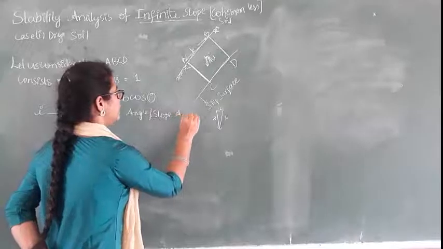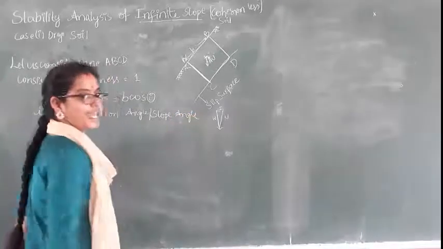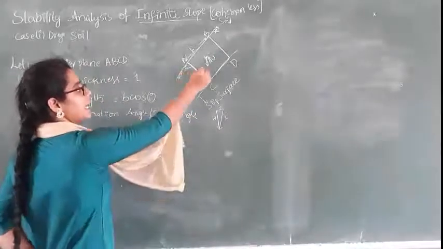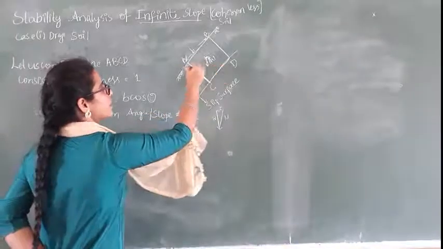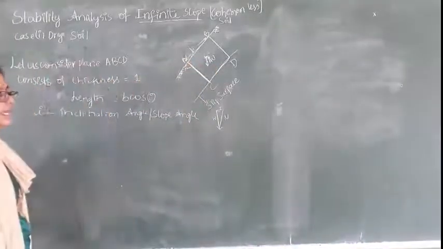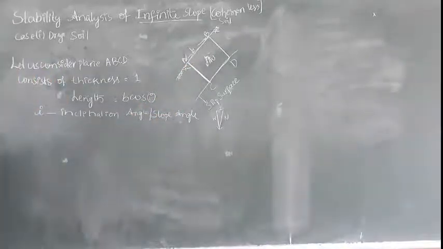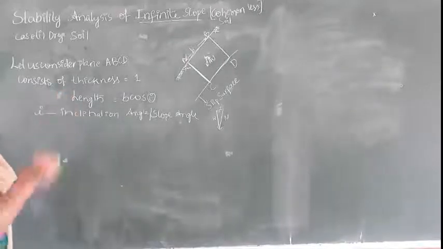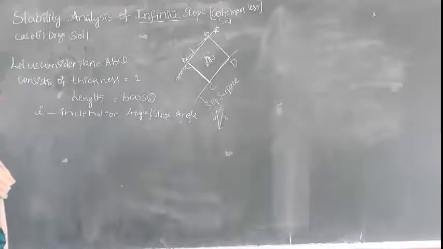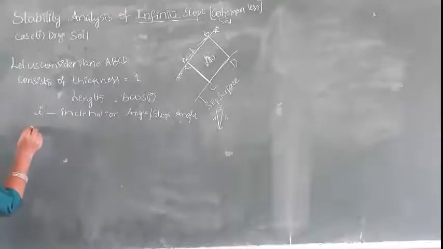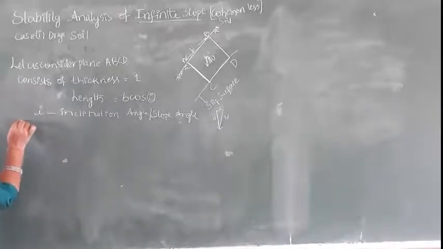See here, the angle of slope is represented with the letter i in the diagram. So what is the weight of the soil? We'll calculate that first. What is the weight of the soil or weight of the slope?